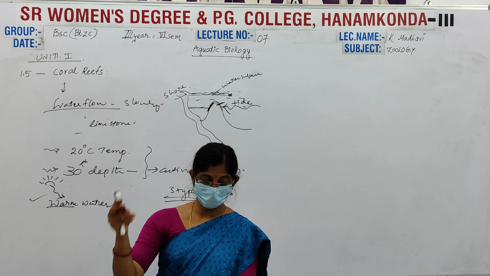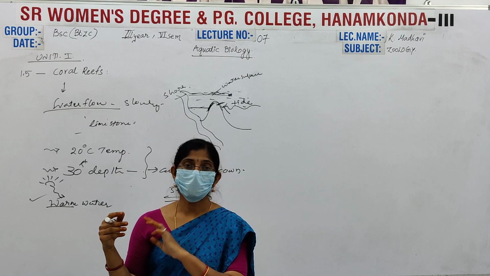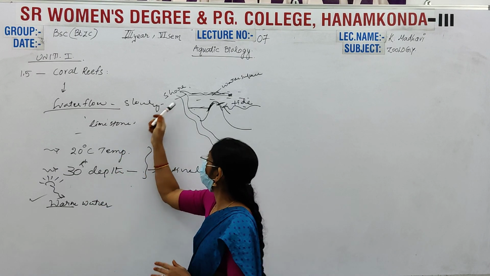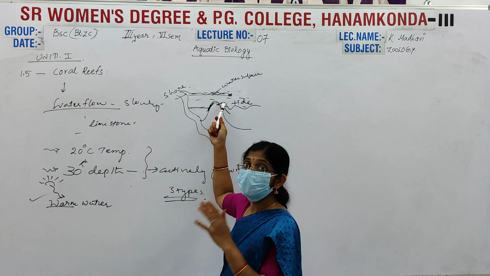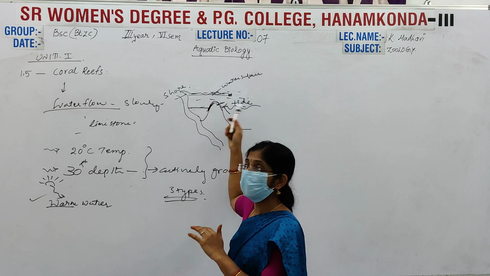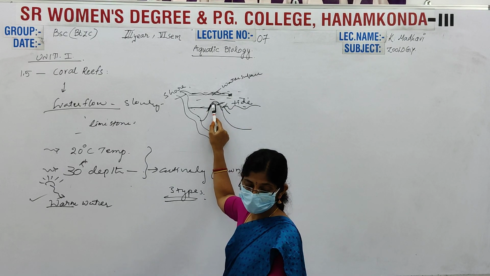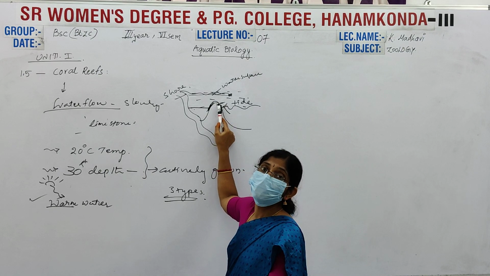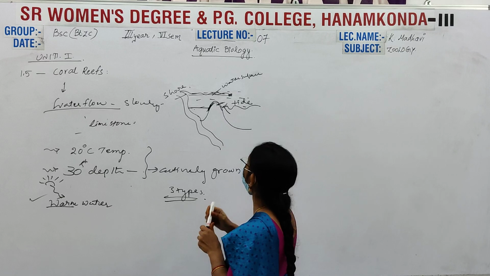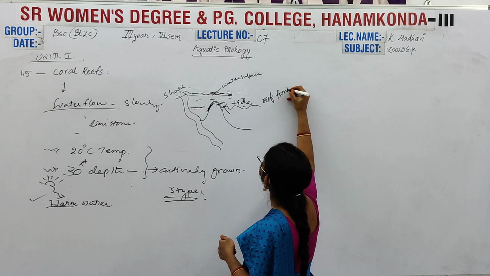The side of the reef away from the shore, which is exposed to the tide waters, is known as the reef front, the coral reef front.